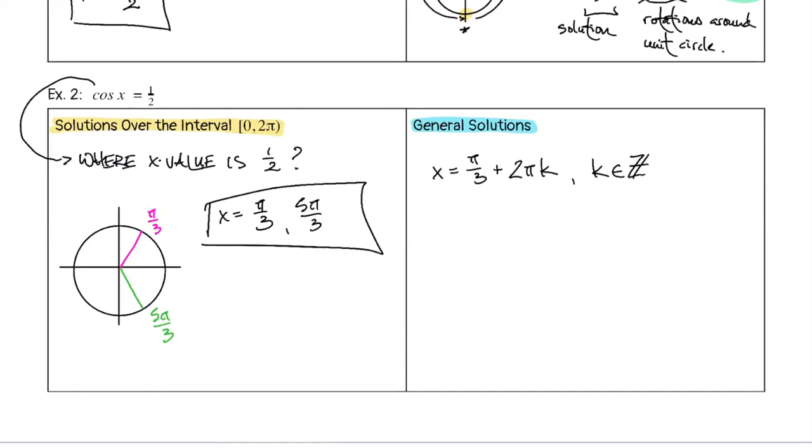And what I just wrote would get me all of the solutions that match that pink line from my set of solutions between 0 and 2 pi. To get the solutions at the green line, what would I change about that statement?